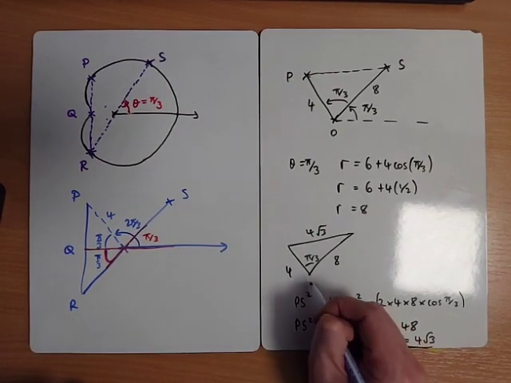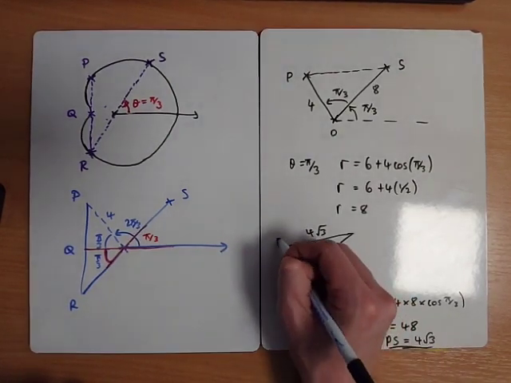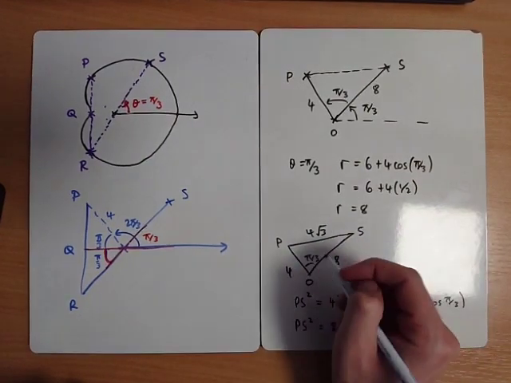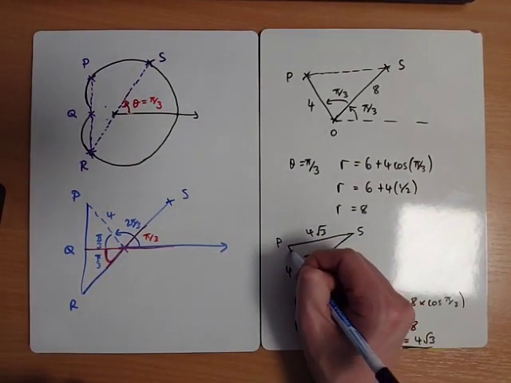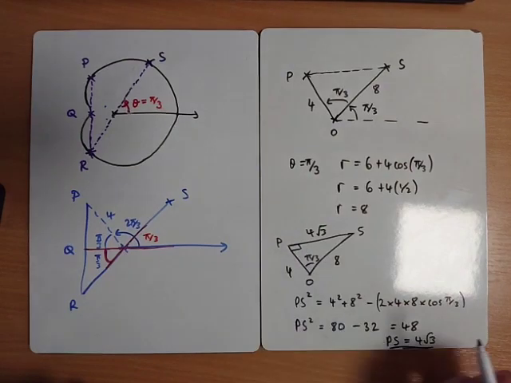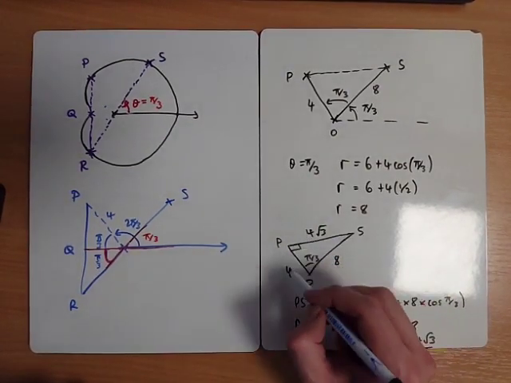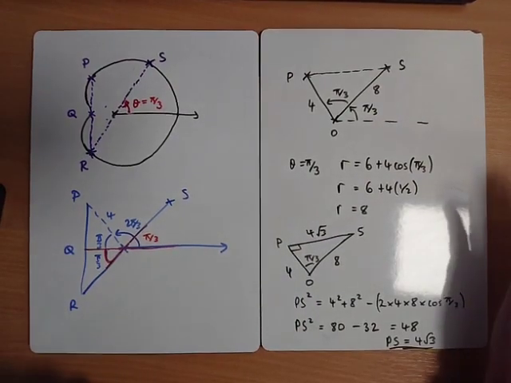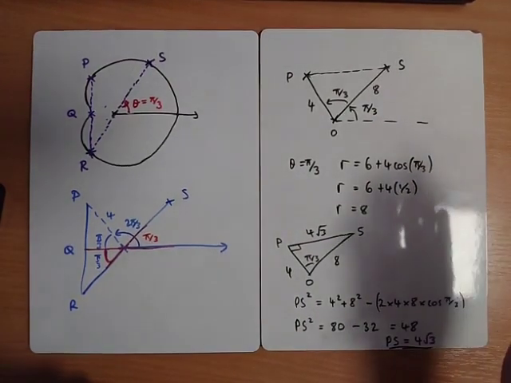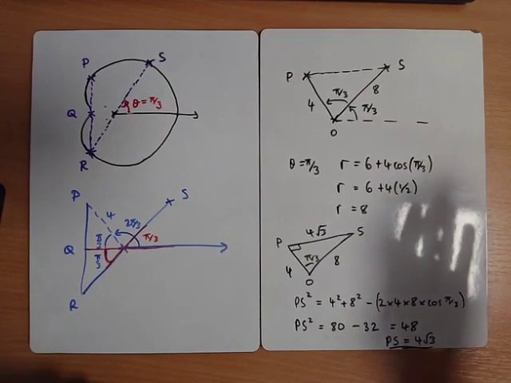The last part of the question says show OPS is a right angle. Okay, so if we went from O to P to S, if I would have drawn this accurately, which I definitely haven't, we should be getting a right angle there. So if this is a right angle triangle, we know the sides. To prove it's a right angle, we've just got to show Pythagoras works, because Pythagoras would only work for right angle triangles, wouldn't it?